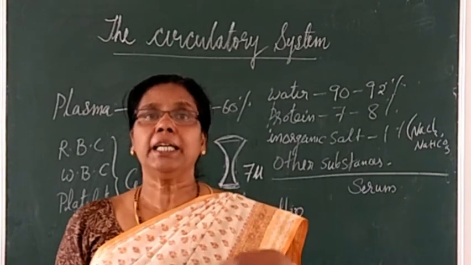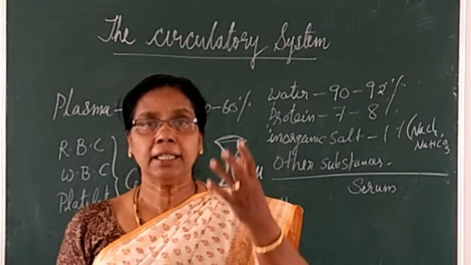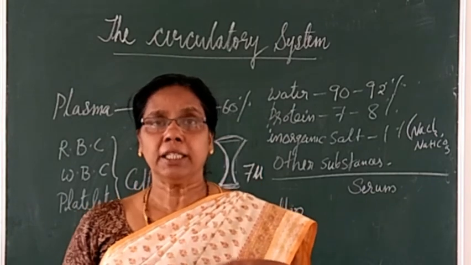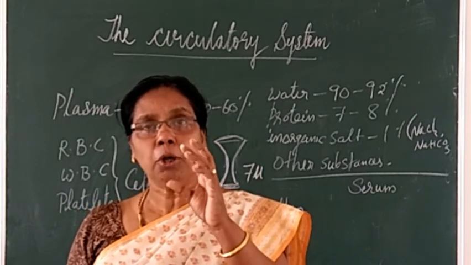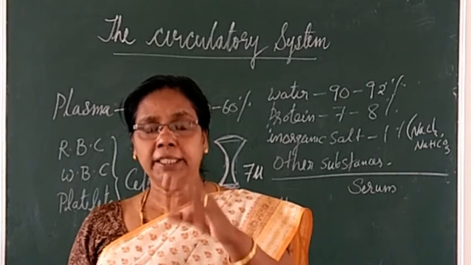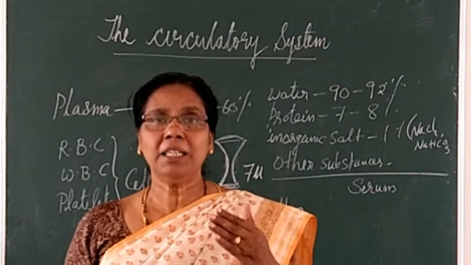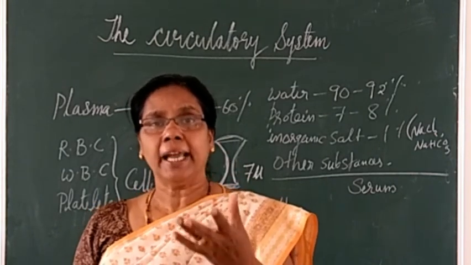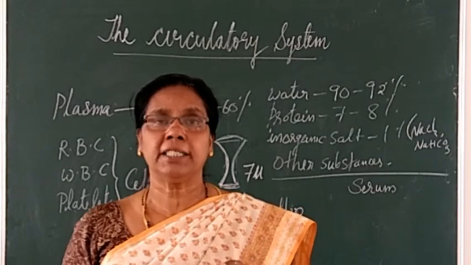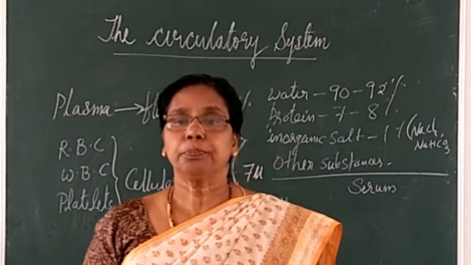When oxygenated blood is circulating, this very unstable oxyhemoglobin can easily supply oxygen to the needy tissues.